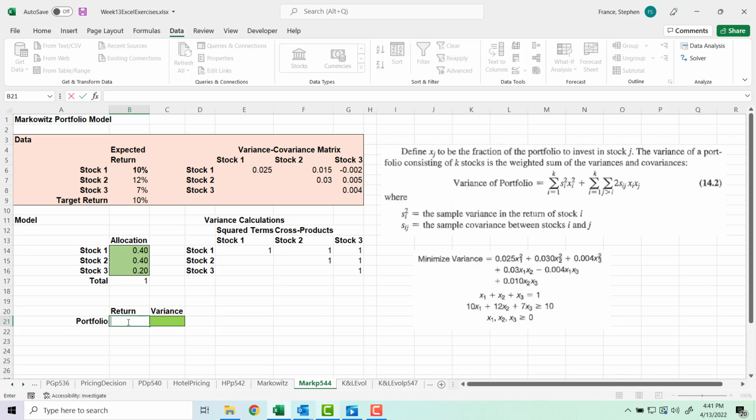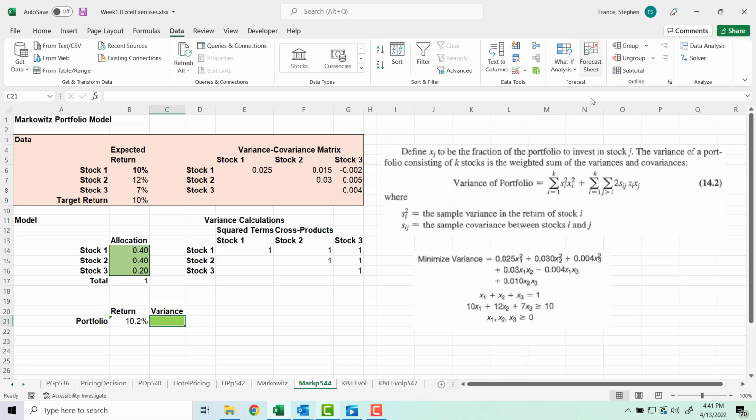So this is going to be the sum product of our proportions multiplied by the expected return. For this portfolio, we get just over 10.2%, which meets our constraint that the return is over 10%.